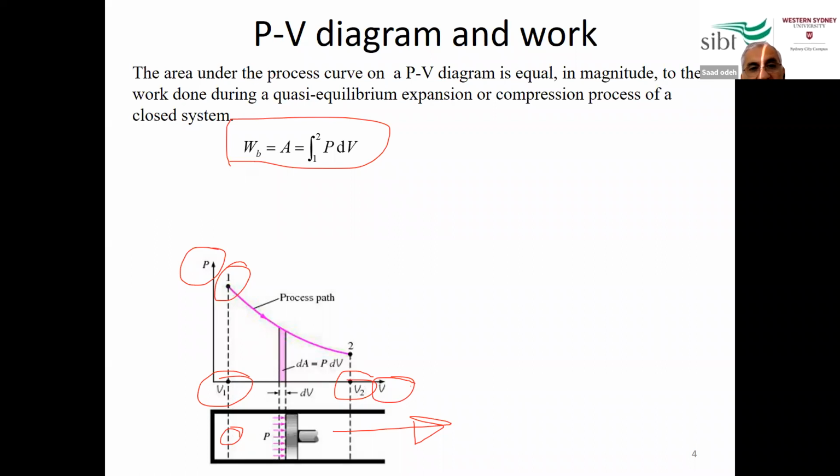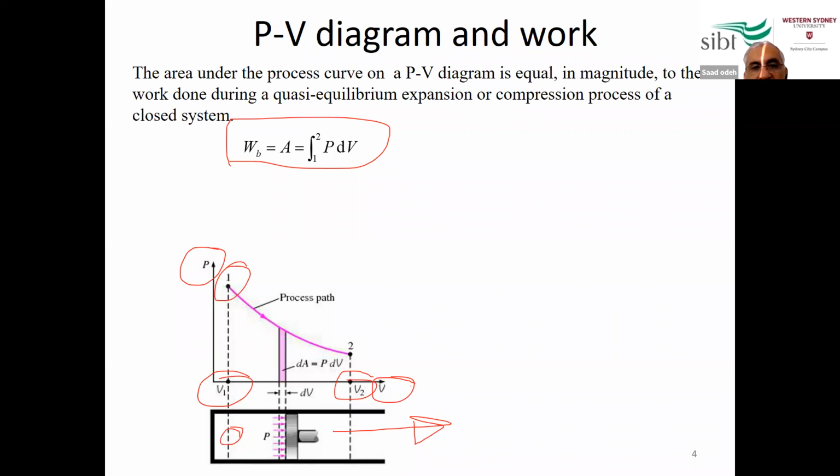We are assuming all the time here that we have a quasi-equilibrium expansion. Remember, in the previous lectures we talked about the quasi-equilibrium process, an ideal process.